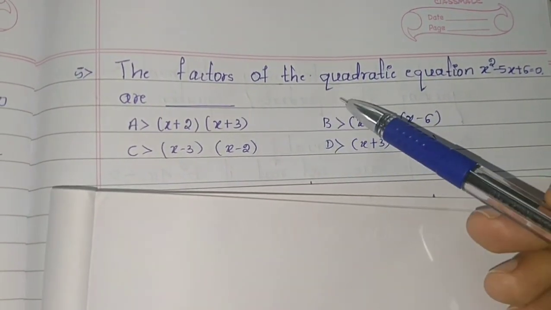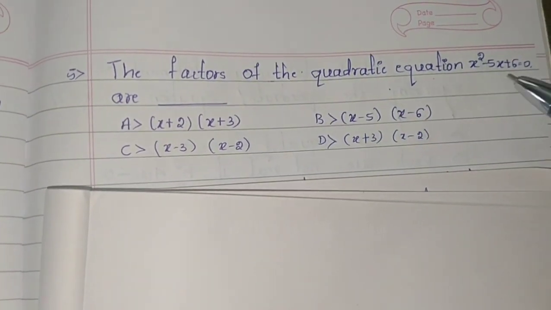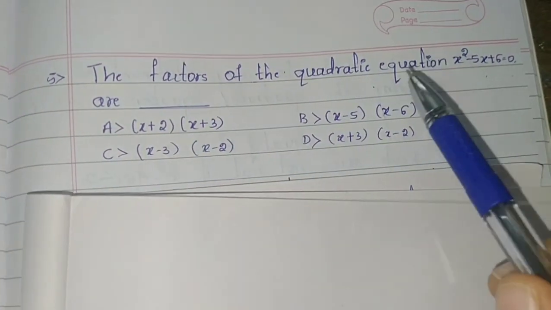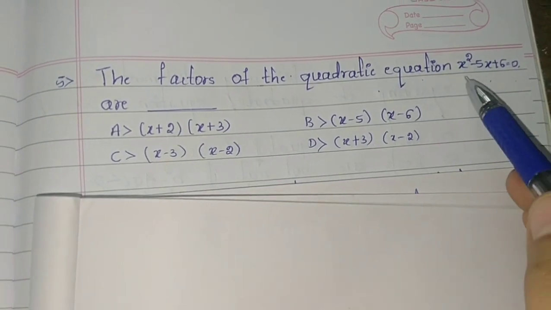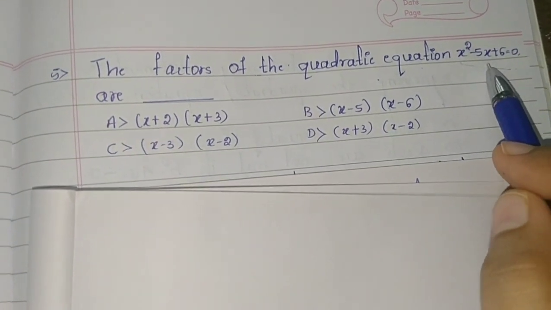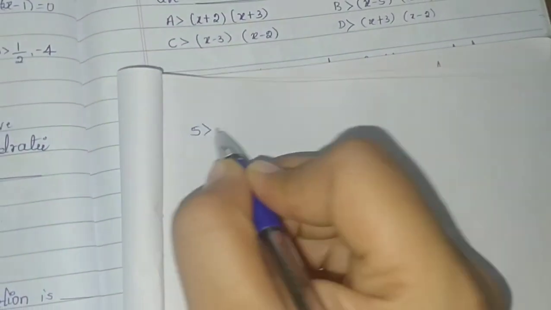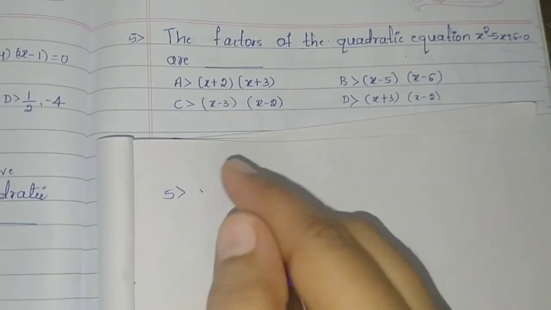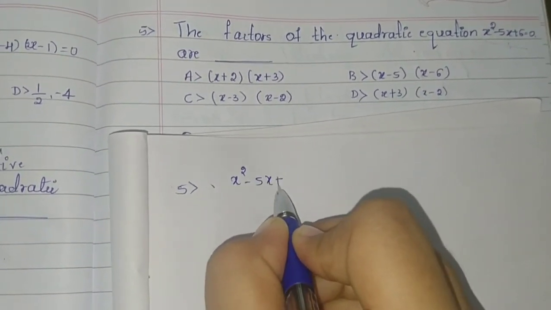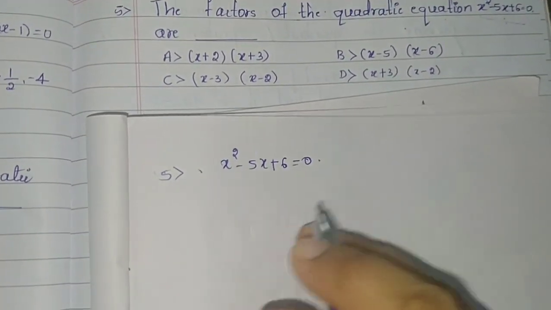The factors of the quadratic equation x square minus 5x plus 6 equals 0 are. You have to find the factors of this quadratic equation. So now the question is x square minus 5x plus 6 equals 0.